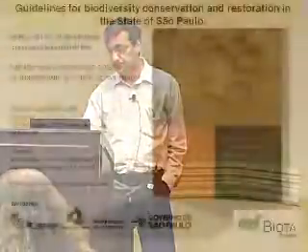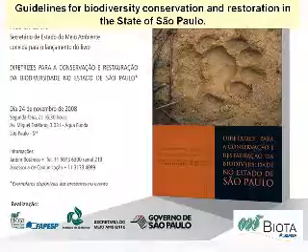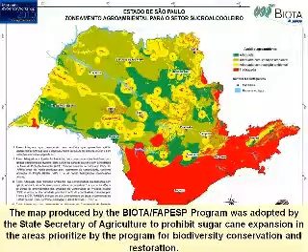Another byproduct of this program was that at some point state legislators paid attention to what was being done and are using the information to provide, for instance, guidelines for biodiversity conservation and restoration in the state of São Paulo, and also to prohibit sugarcane expansion into areas that are most endangered.